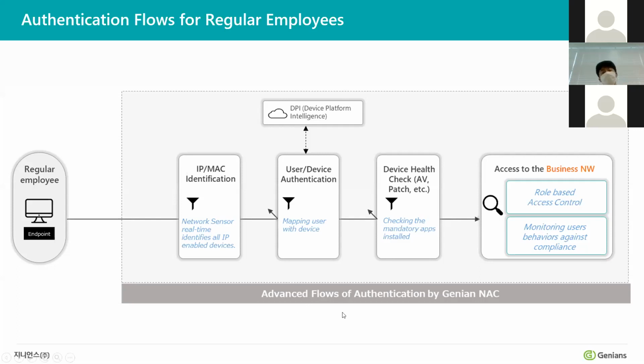Then, depending on the needs, it may require deeper detection, such as a device hash check, whether this specific device is okay to be accessed based on checking the internal status of the PC. Okay. And then finally, we can allow them to access based on their role. Of course, this process must be monitored all the time. That is the flow.